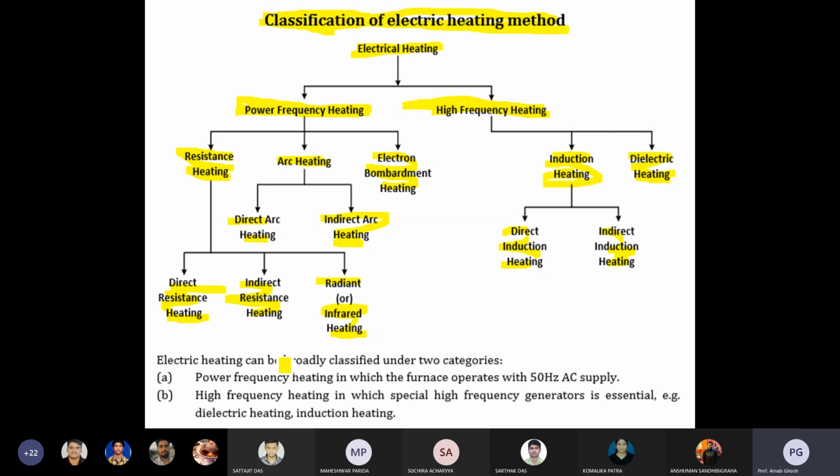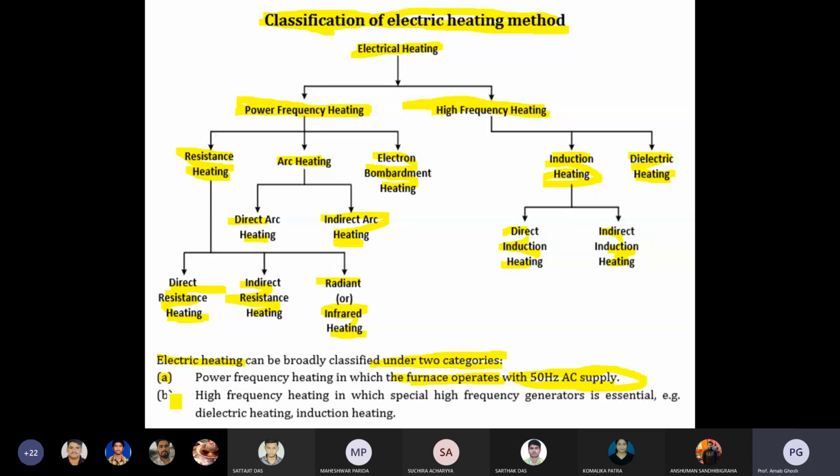Electric heating can be broadly classified into two categories. Number one is power frequency heating, in which the furnace operates with a 50 hertz supply.